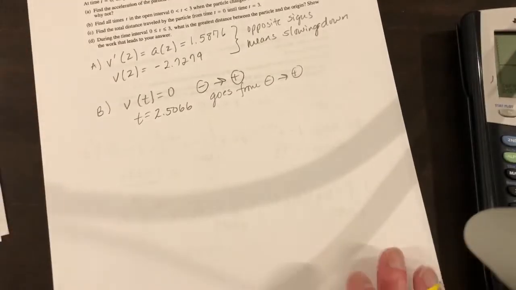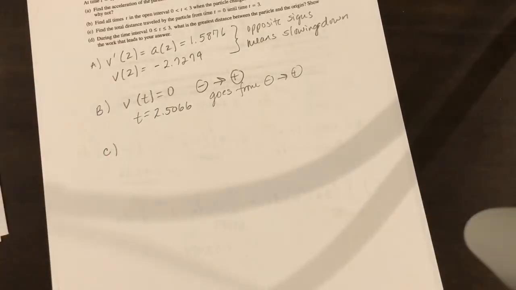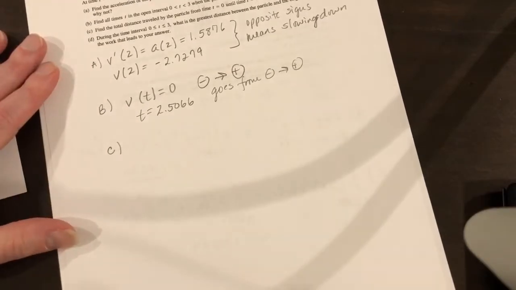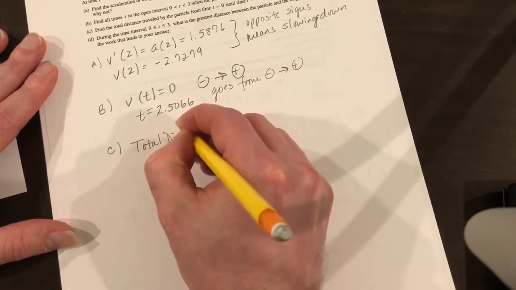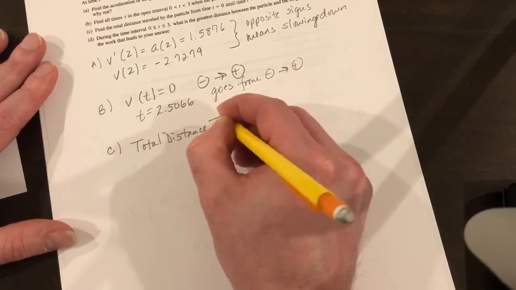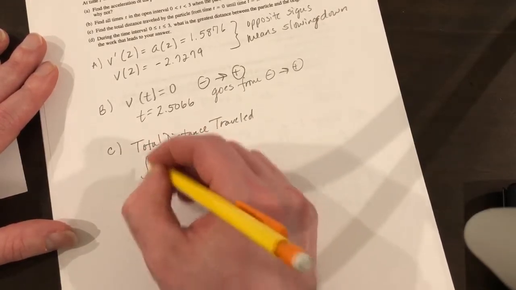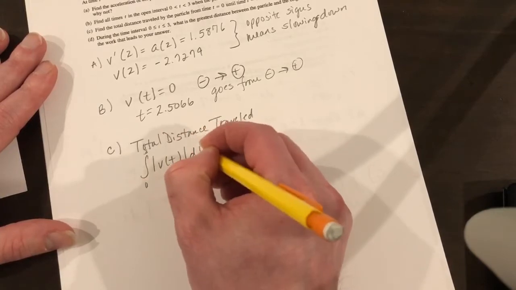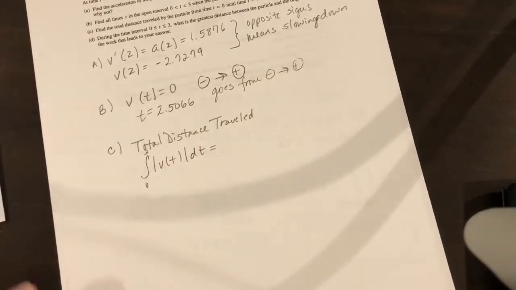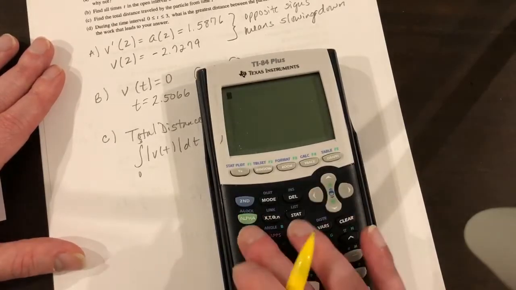Okay, part C, it says I want to find the total distance traveled from 0 to 3. So, total distance traveled is the integral from 0 to 3 of the absolute value of your velocity function. Okay, so to do this, we're going to do math 9.